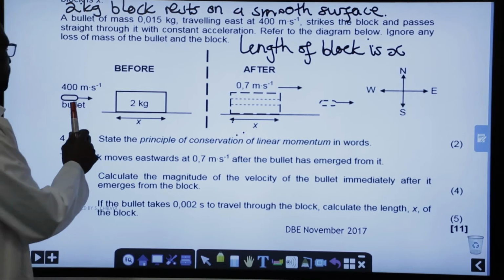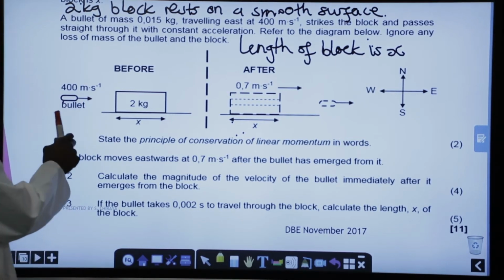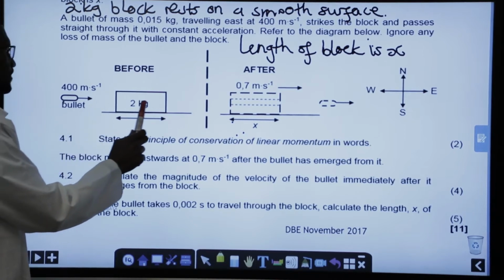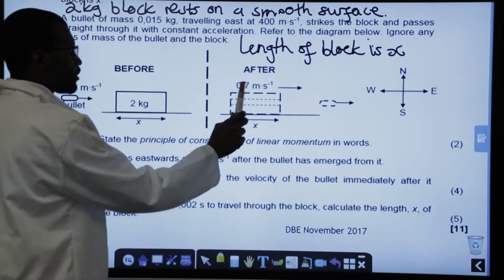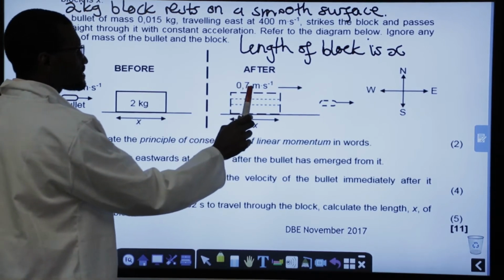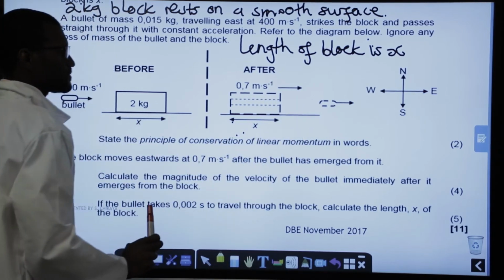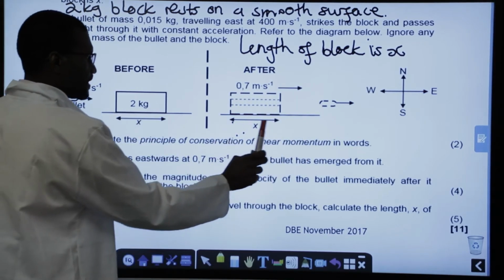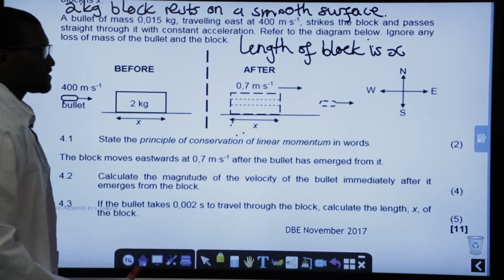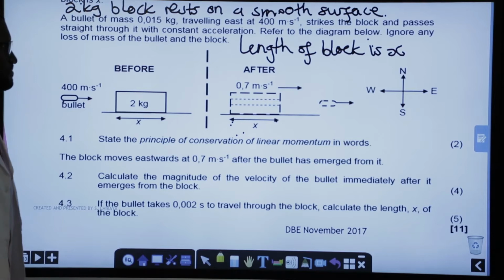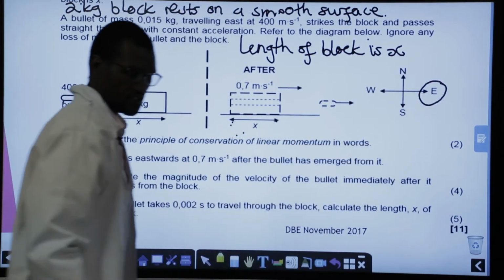Before, the bullet is moving at 400 meters per second towards the block. And then after, the block moves at 0.7 meters per second. The bullet goes through at an unknown velocity, and the length of the block is unknown. All this is happening in the easterly direction.